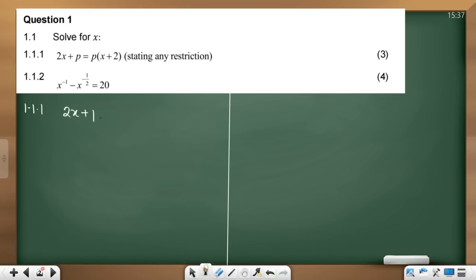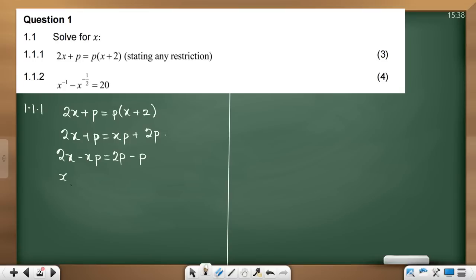If I look at the equation, my natural mathematics instinct would tell me to expand it. Since I am solving for x, we bring anything with x to the left-hand side. This is 2p minus p, because the p goes from the left to the right.